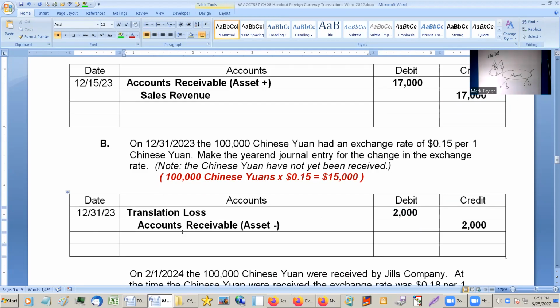So translation loss, and again, we thought we were going to get 17,000, but we're only going to get 15,000.